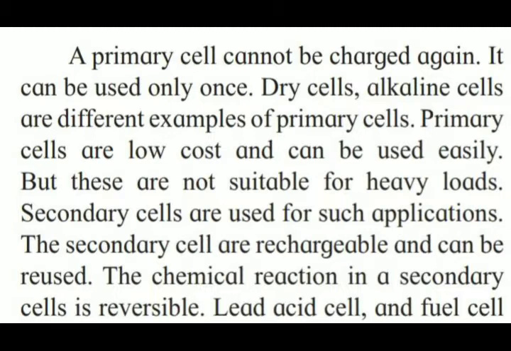Dry cells and alkaline cells are different examples of primary cells. Primary cells are low cost and can be used easily, but they are not suitable for heavy loads. We have seen many uses of the primary cell, that is the dry cells. But when we have heavy appliances, it is not suitable for them.